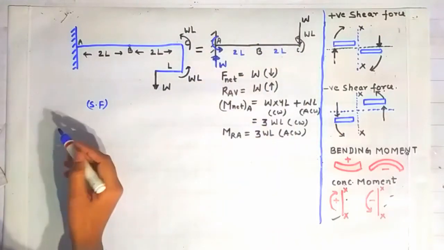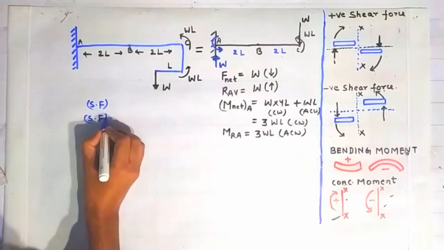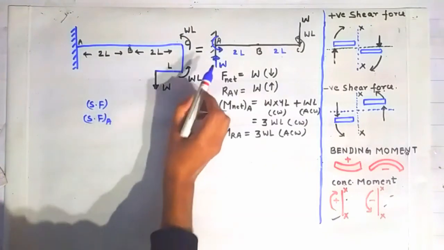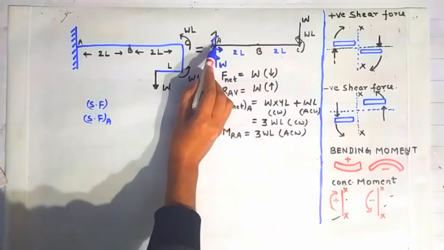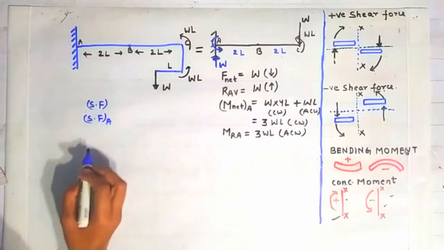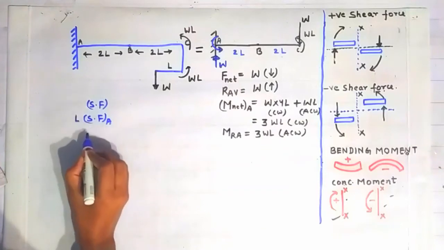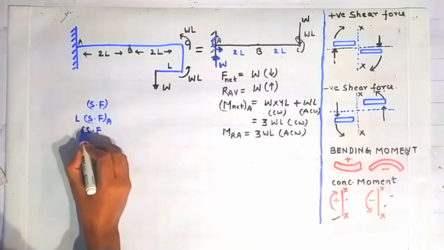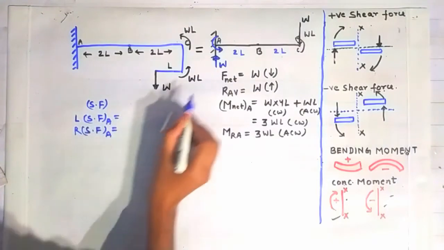So first we will calculate the shear force at the point A. Because at the point A there is a vertical load acting and a concentrated moment is acting, we will calculate the shear force on the left side of the point A, and on the right side of the point A, because there is a point load acting at the point A.